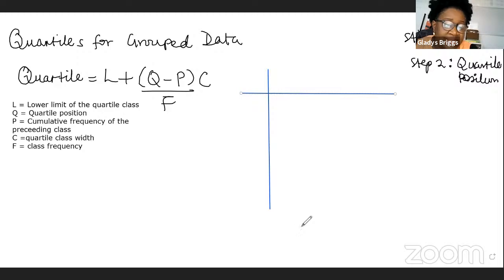Let's say you have weights and frequency.